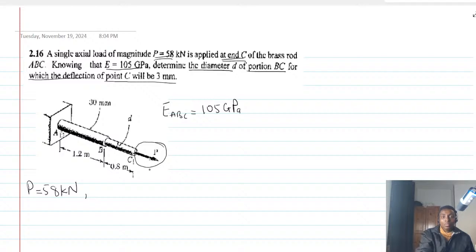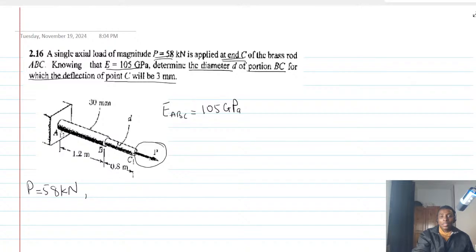So we are to determine the diameter of portion BC, for which the deflection of the point C will be 3 millimeters. Is that right?